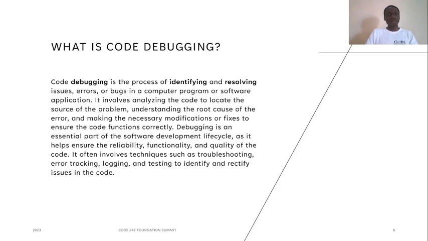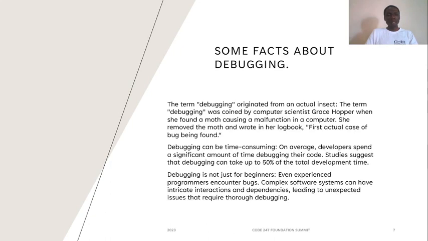So let's look at some fun facts about debugging. The term debugging actually started sometime back in the early or late 50s when Grace Hopper found a living bug, a live bug. It was a real bug in a computer program she wrote.